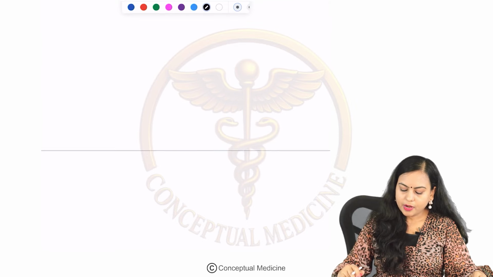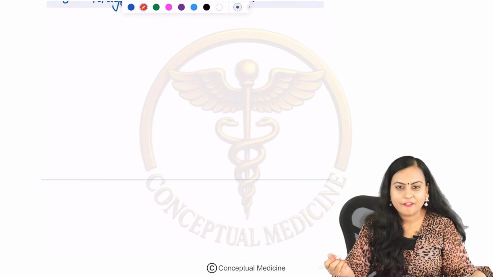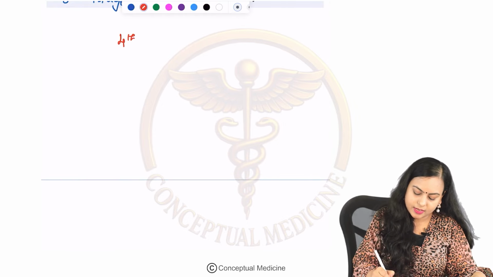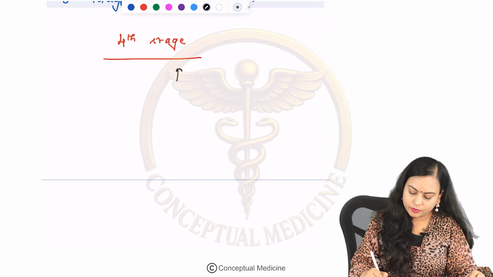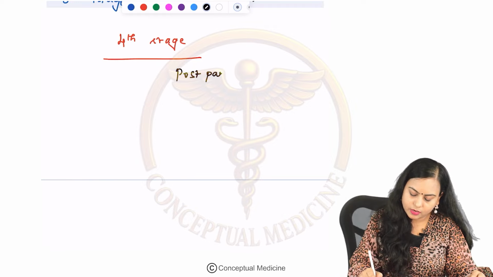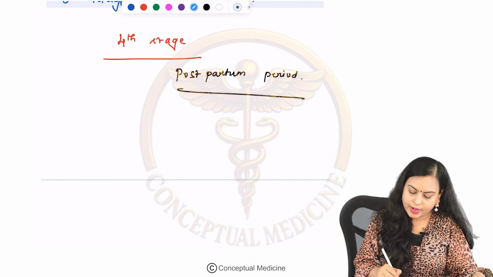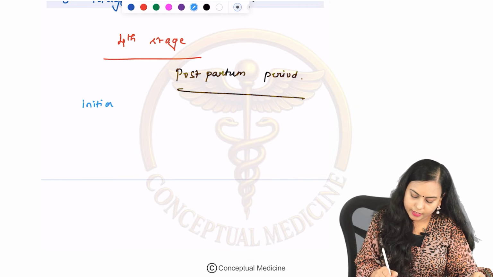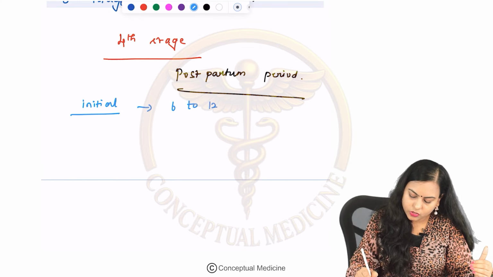Yes. Now apart from these 3 stages, we have another stage. Okay, we have a fourth stage as well. So this stage is nothing but your postpartum period. So in that we have an initial or acute period, that is in the first 6 to 12 hours postpartum.